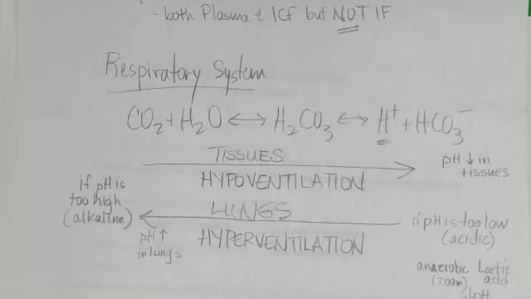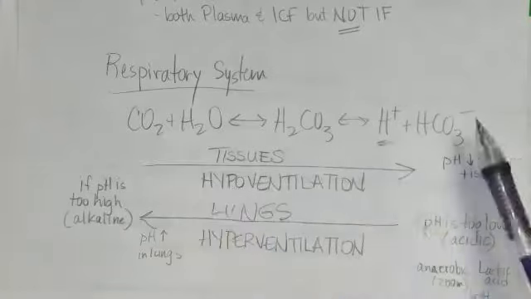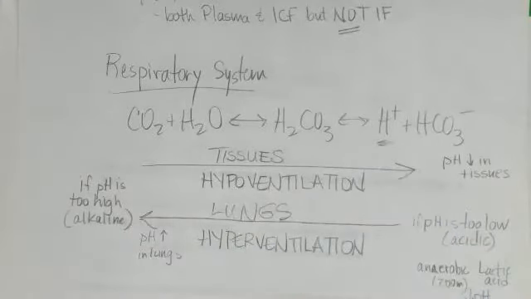Maybe if you're running a 200 meter race on top of Mount Everest, but no. You are hyperventilating because your pH is too low. You have too much CO2, and you're trying to drive the reaction to the left and get rid of it. Isn't that a beautiful thing?